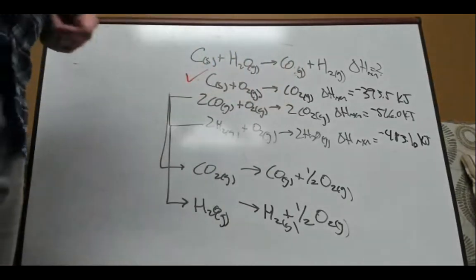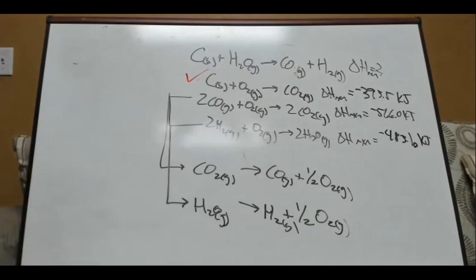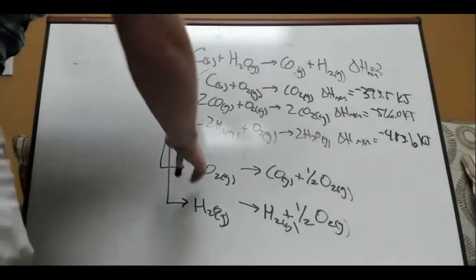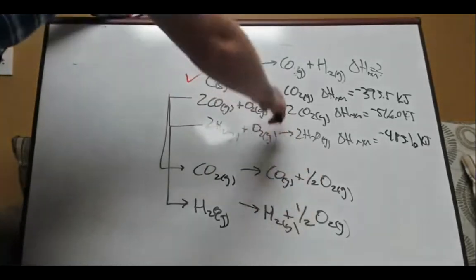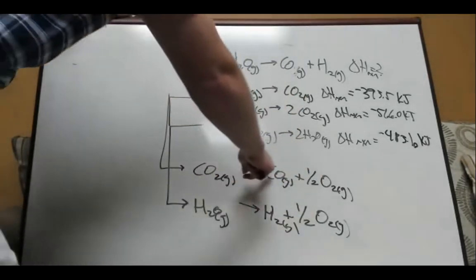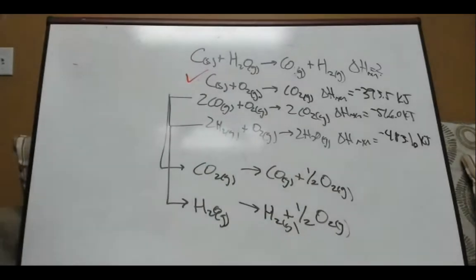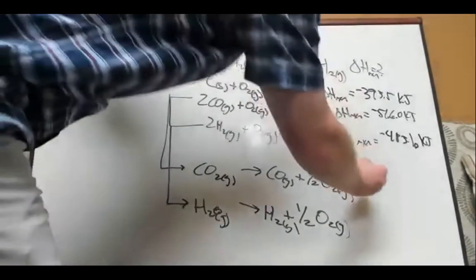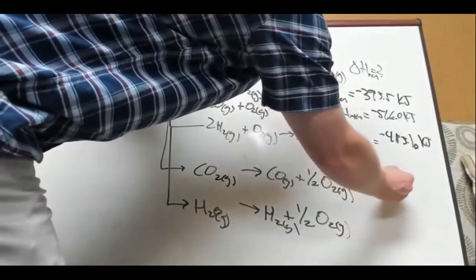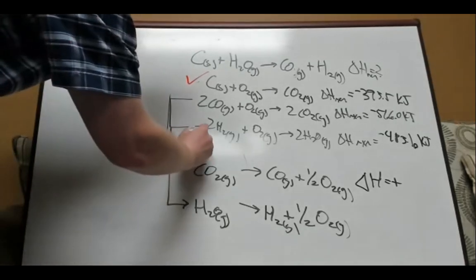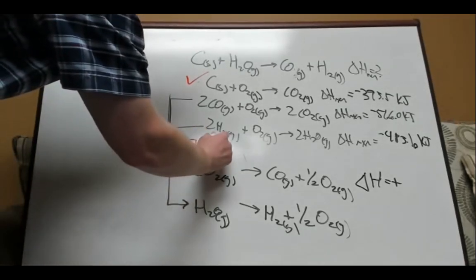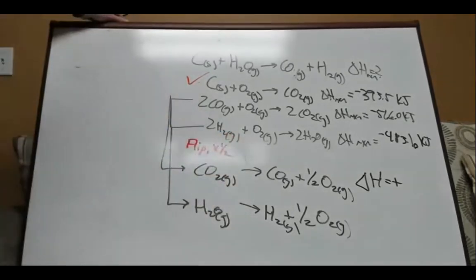When we flip it, remember our rules that we talked about in the PowerPoint. Right now we have 2 CO plus O2 going to 2 CO2. CO2 goes to CO plus O2, right? So we flipped it, so our delta H has to now be positive. That's right. But we didn't only flip it, we also multiplied it by 1/2.